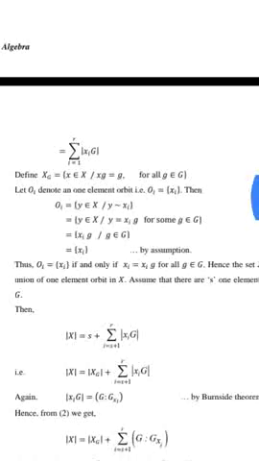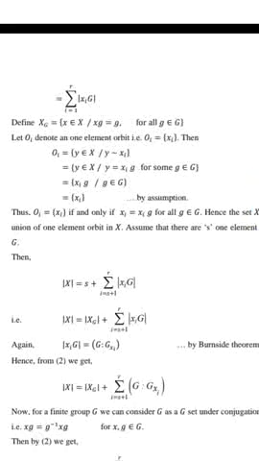Define XG to be the set of x belonging to X such that gx is equal to x for all g belonging to G. Let the one-element orbit be the orbit of xi, that is, the singleton {xi}. Then the orbit is the set of y belonging to X such that y is equivalent to xi, that is, y equals g xi for some g belonging to G, which is {g xi : g belongs to G}, equal to the singleton {xi}.